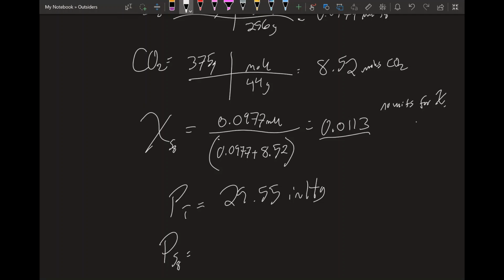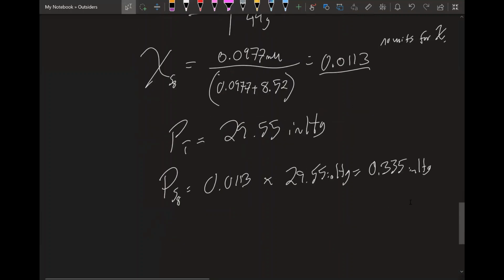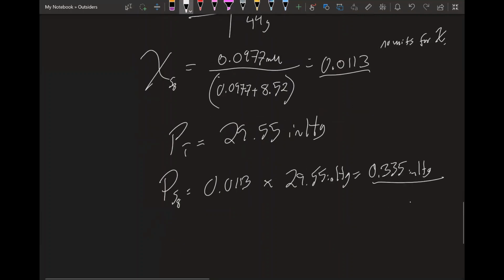What we do is take this 0.0113 and multiply it by the 29.55 inches of mercury, and you can figure out the partial pressure of that gas. That would be 0.335 inches of mercury.